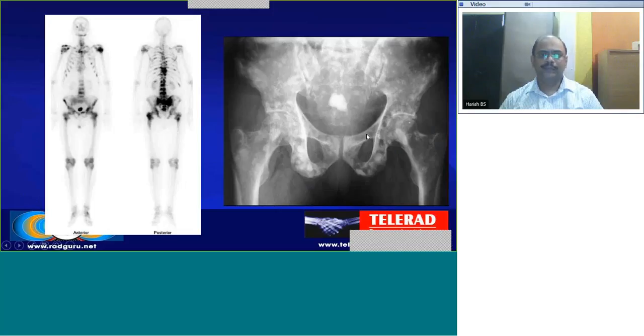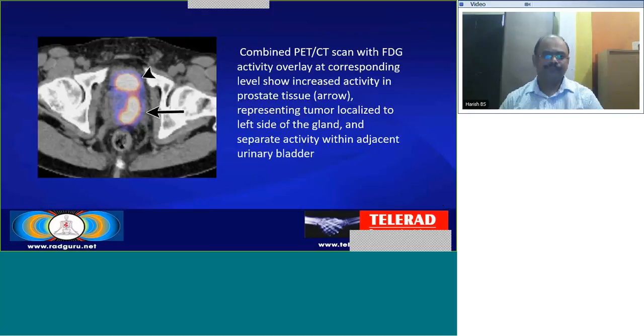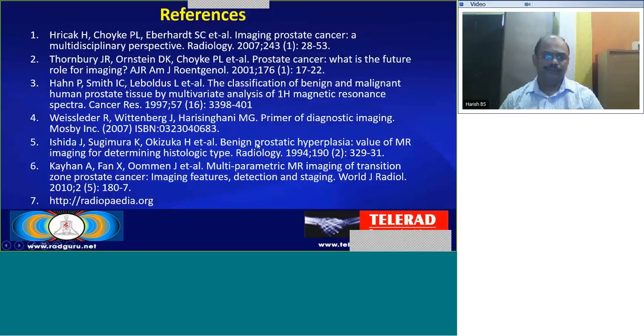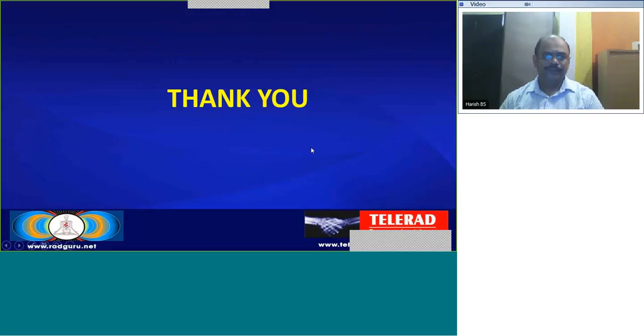The radiograph demonstrates the diffuse blastic metastasis in the pelvic bones. And when CT is combined with PET-CT, it is very useful for detecting the tumor activity and for follow-up examination after treatment. These are my references. Thank you.